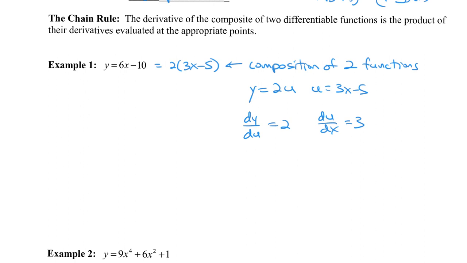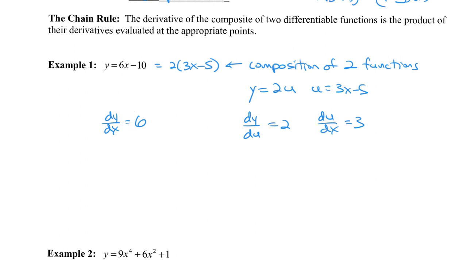And then let's look at this one. If we started here with y equals 6x minus 10, and found dy dx, we're going to get 6, right? The derivative of y with respect to x is just 6.